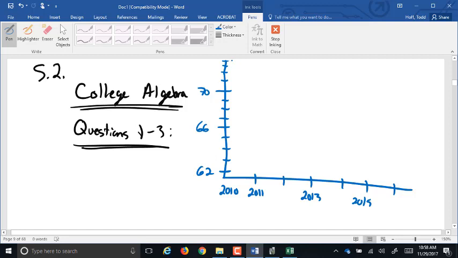And what we see is we start out at about 75% in 2010. In 2011, we moved to a 72%. 2012, we jumped back up to a 74%. And then 2013, and so on.